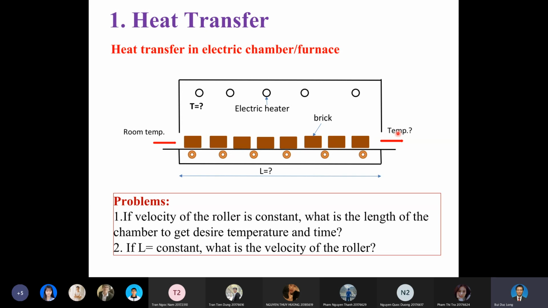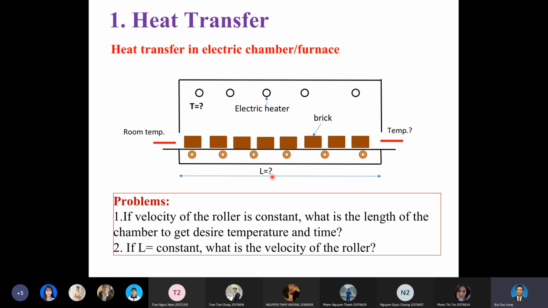So the problem here is, if the velocity of the roller is constant, this roller moves the object, so what is the length of the chamber to design for temperature and time? The length of this furnace has to be decided to match the cycle so they can finish the heat treatment.